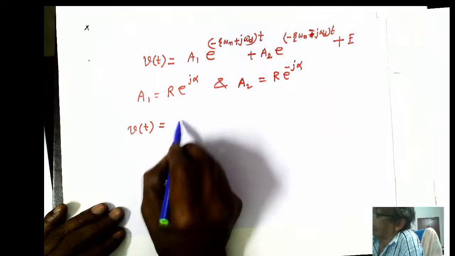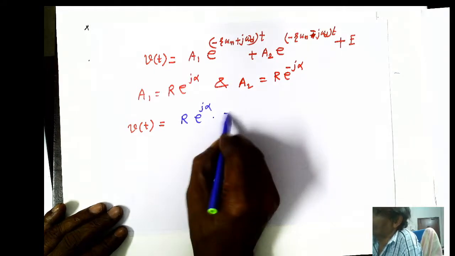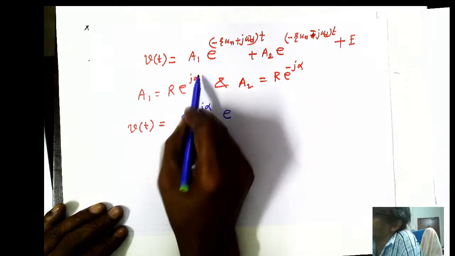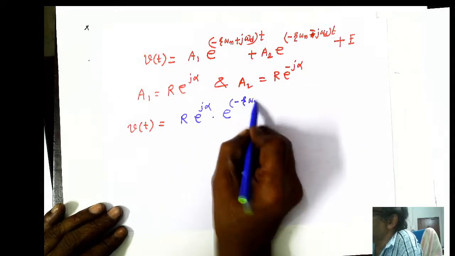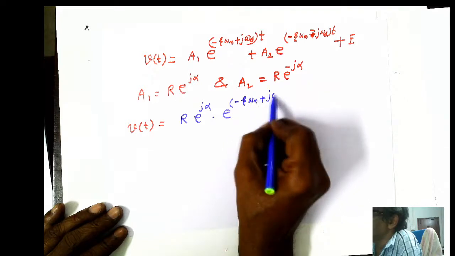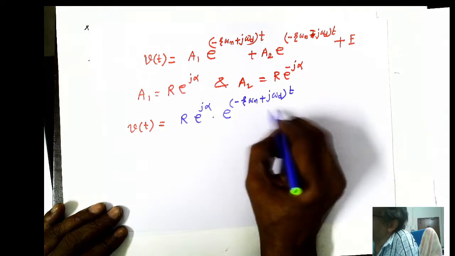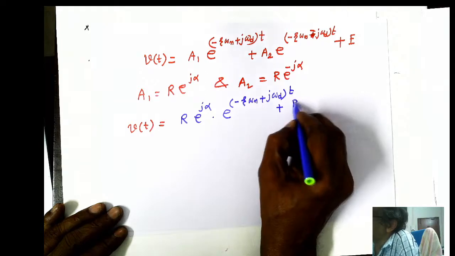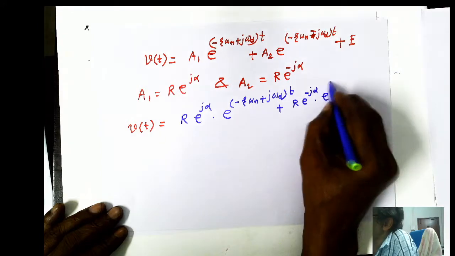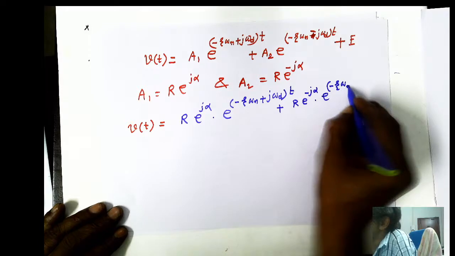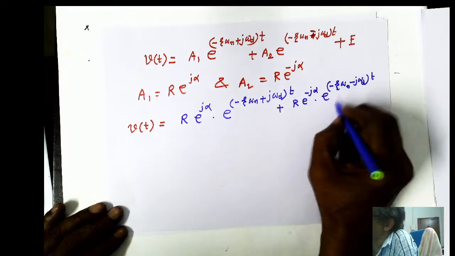One line I will write: R e to the power j alpha into e to the power, mind you, no time is there, it is just a complex number, and then minus zeta omega n plus j omega d into t, plus A2 is R into e to the power minus j alpha into e to the power minus zeta omega n minus j omega d into t and plus e. That is the total solution.